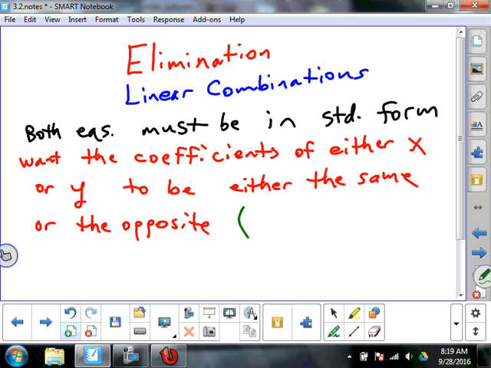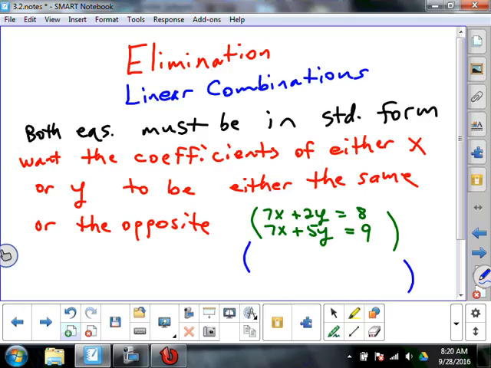So what I mean by that is we want to have something like 7x plus 2y is 8, and 7x plus 5y is 9, something like that. So in this particular case, our coefficients of x are the same, right? Everybody see what I got going on there? So that's where the coefficients are the same.